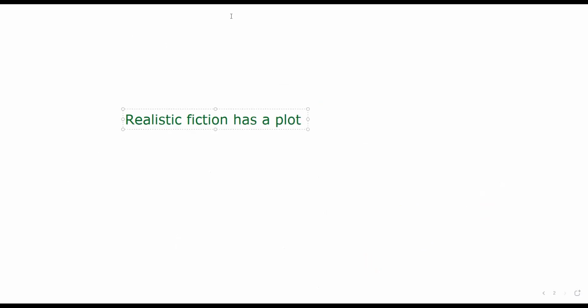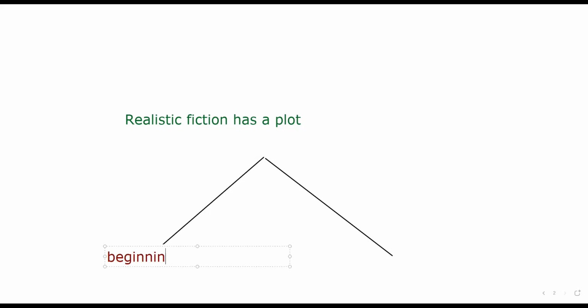I'm going to draw a triangle shape so you can see. It has a beginning. And when I say beginning, it means what happened first, then the middle, and here the conflict or the problem, and the end.